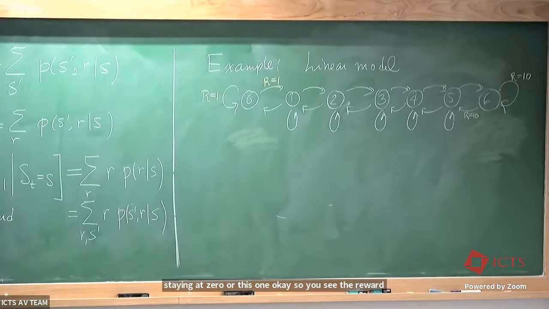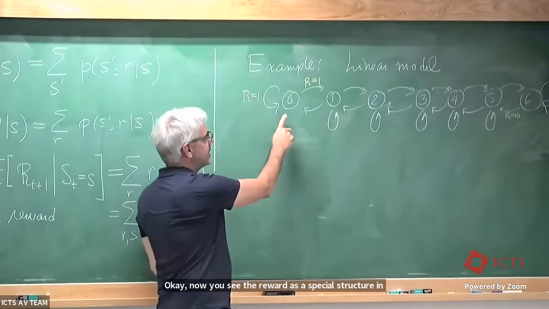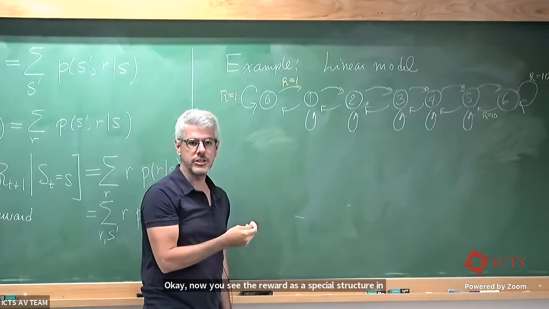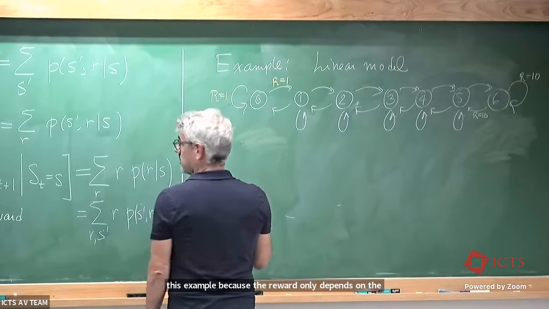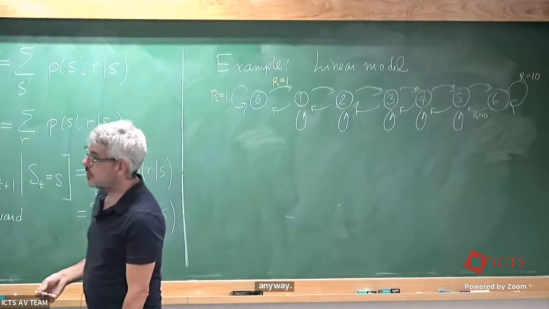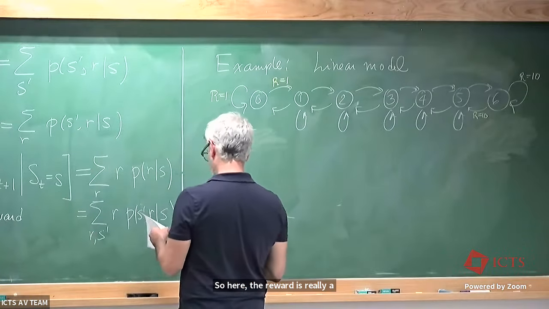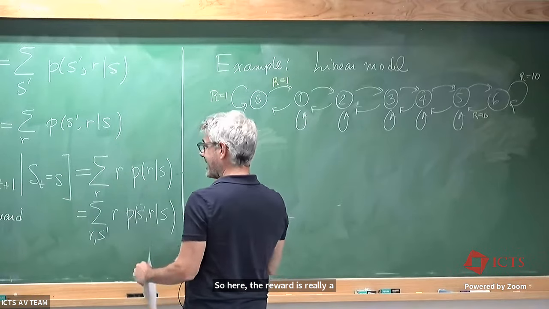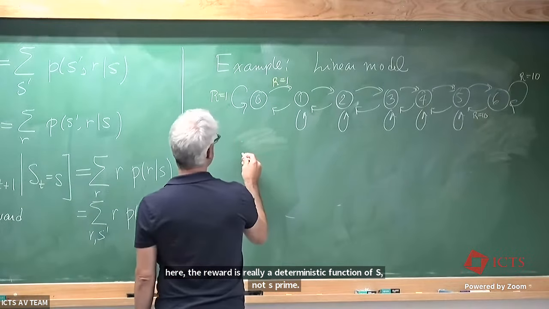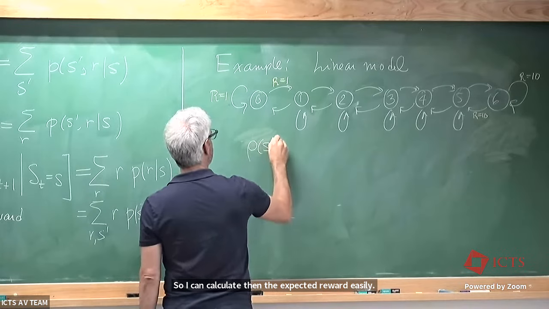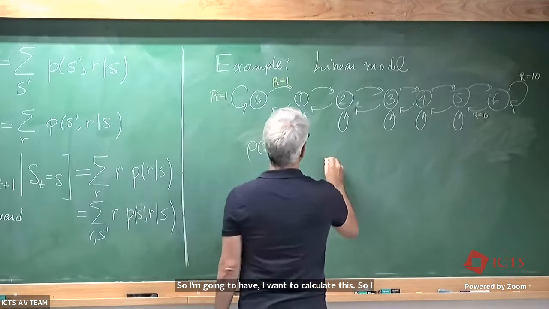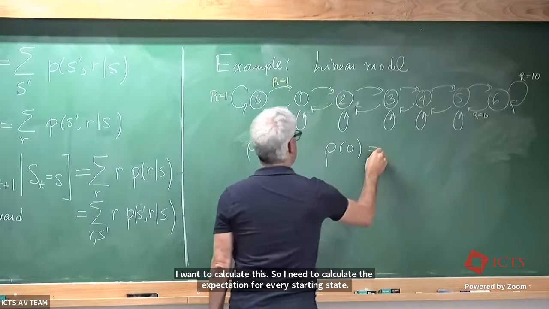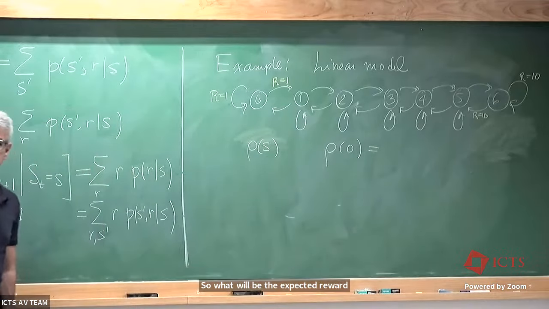Okay, now you see the reward has a special structure in this example because the reward only depends on the starting state. It doesn't depend really on the state I'm going to reach in this case because the model is linear anyway. So here the reward is really a deterministic function of S, not S prime. So I can calculate then the expected reward easily. So I want to calculate this. So I need to calculate the expectation for every starting state. So what will be the expected reward if I'm at the state 0?